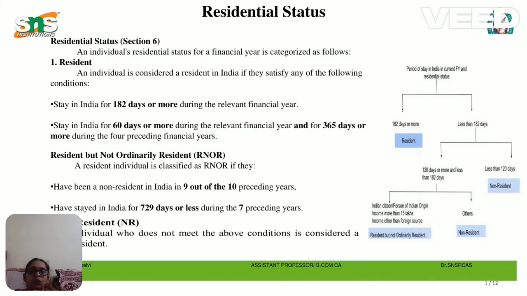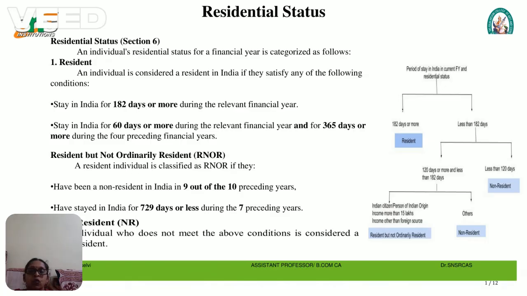Suppose the person does not fulfill condition A, then we go for the B condition, section 6 subsection 1B. What is the B condition? In the relevant previous year the person is living in India for more than 60 days, and in the preceding four previous years he stayed in India for a period of 365 days or more.